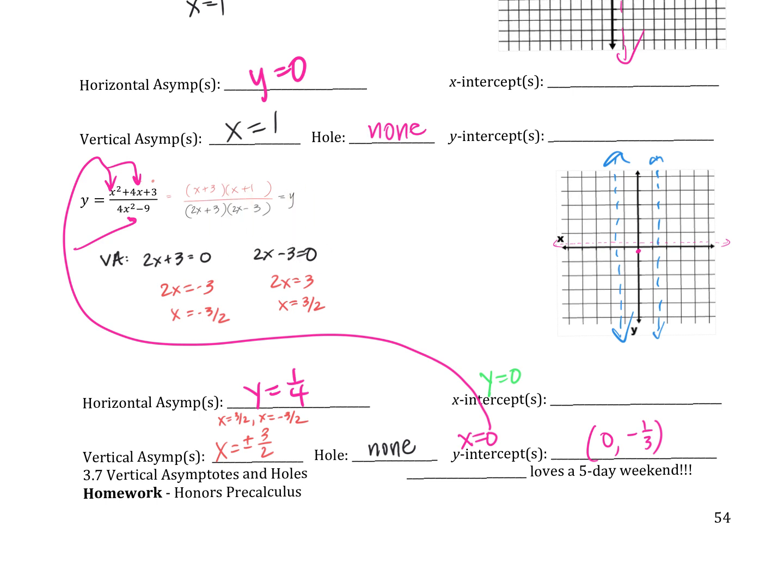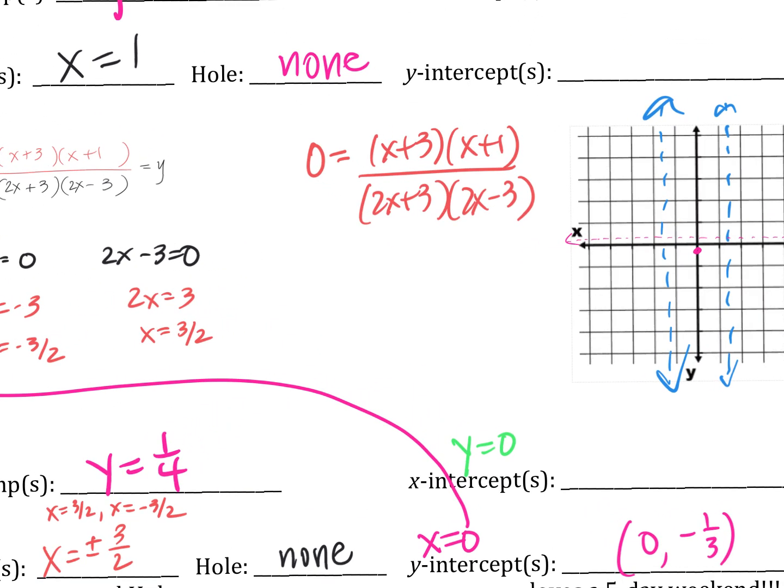So I'm going to say 0 equals x plus 3 times x plus 1 over 2x plus 3, 2x minus 3. Okay, how would we solve something like that? Multiply by the bottom. Perfect. Multiply by the denominator. Here's what I want you to notice.